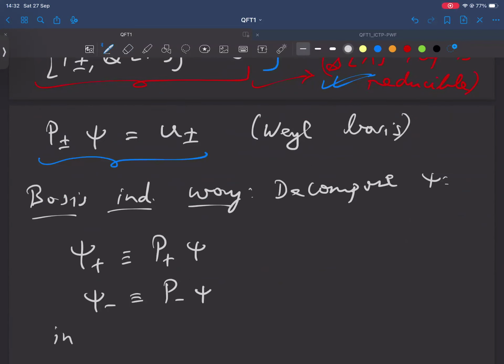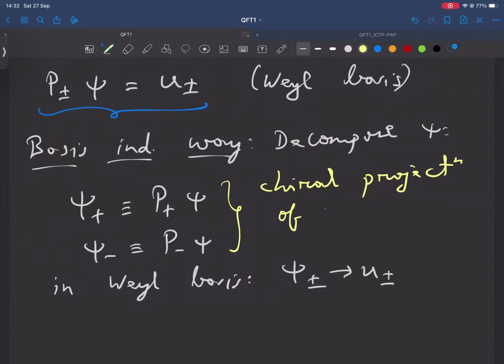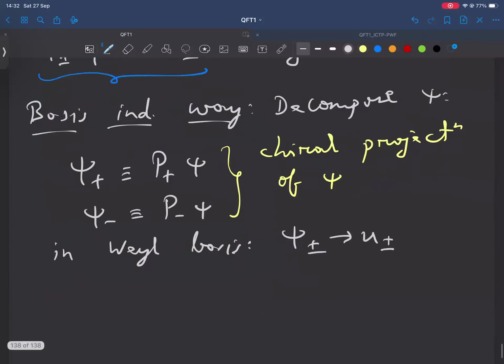And in the Weyl basis, as we saw, this exactly boils down to U plus and U minus. But in a general basis, this is how you can get the chiral projections of psi, in a basis independent way.